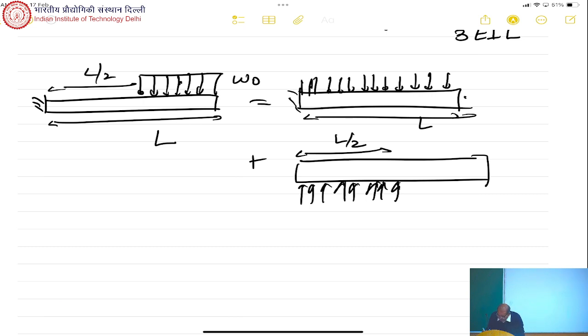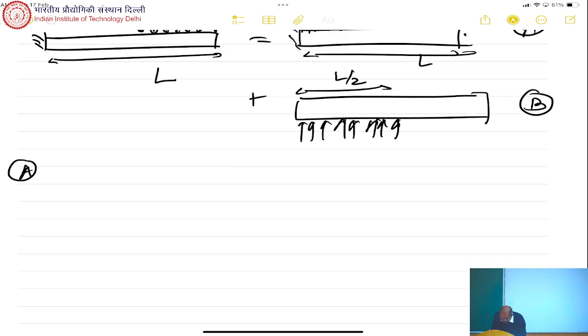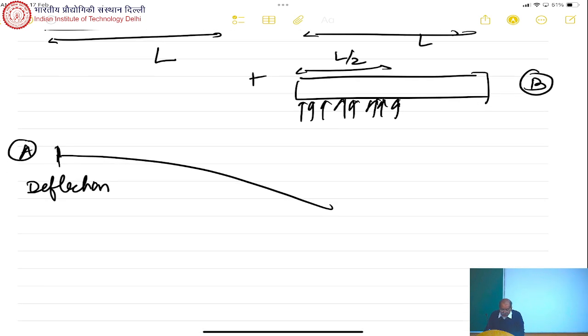that in this case, let's say this is A, this is B. In case A, the deflection is like this.